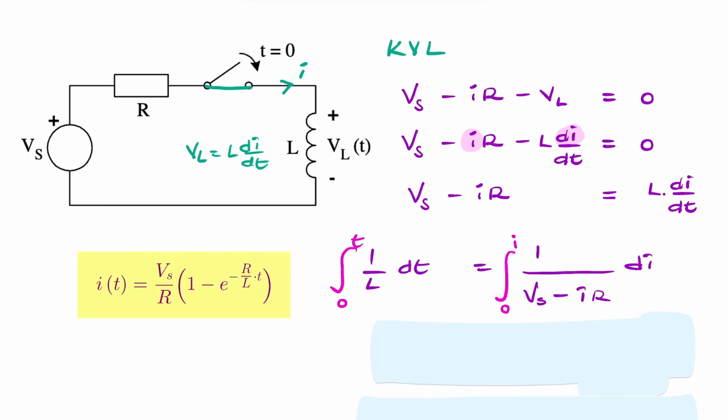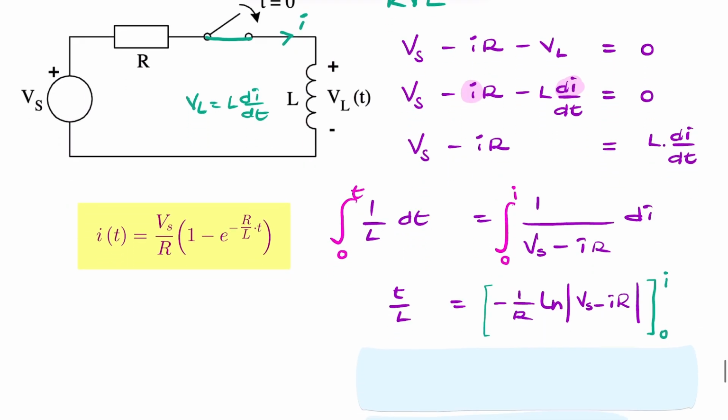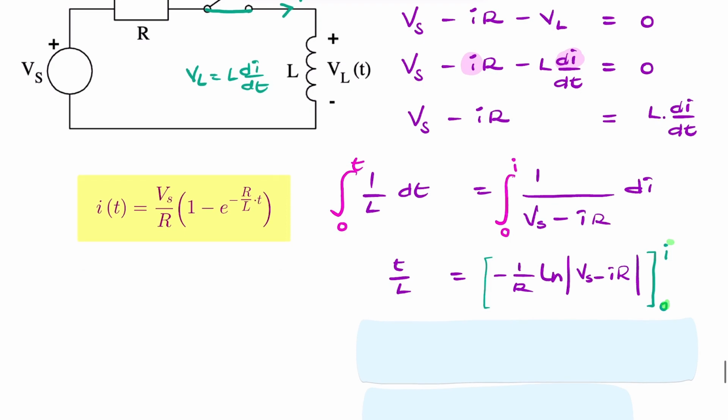So this is the easiest integral in the world because this is a constant. So you're integrating a constant with respect to time. So the integral is simply t. And this is a natural logarithm, and then you divide by negative R. So that's where that came from. And you then have the limits of the integration.